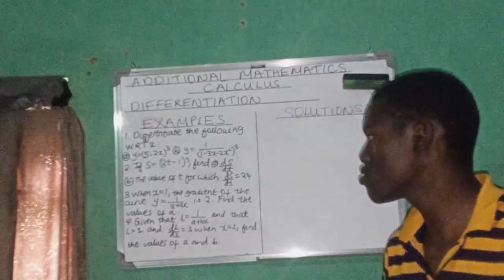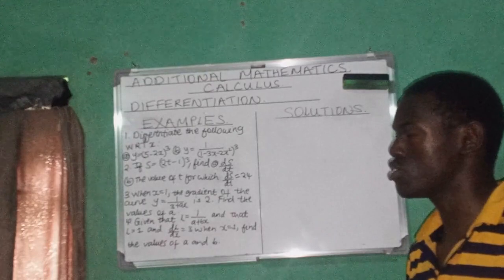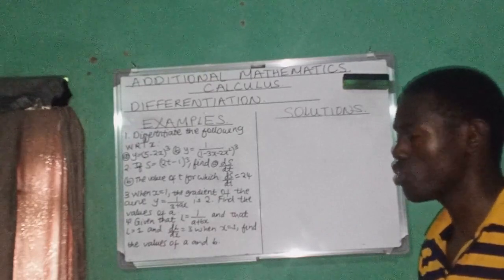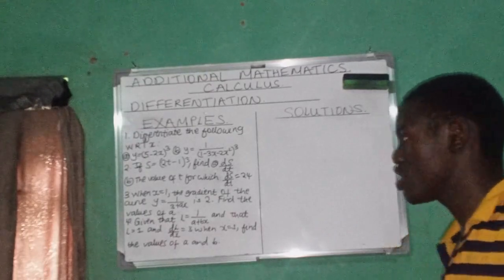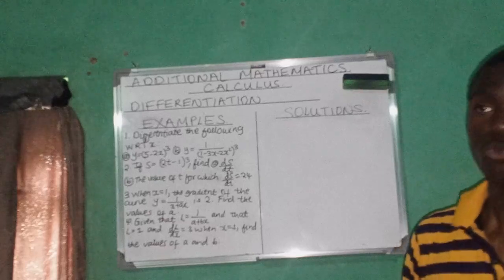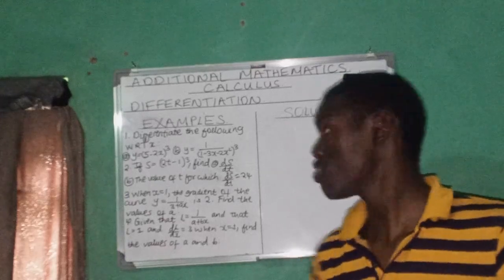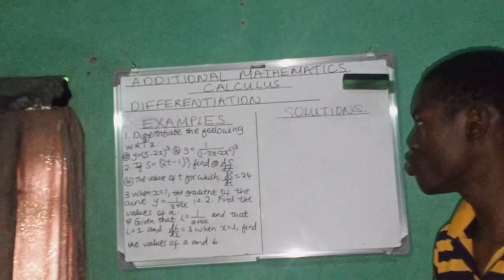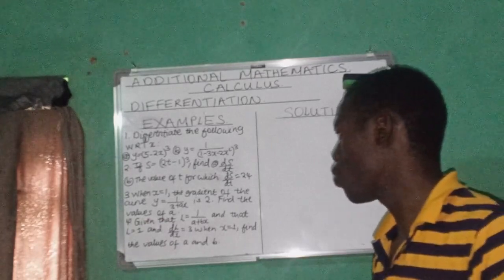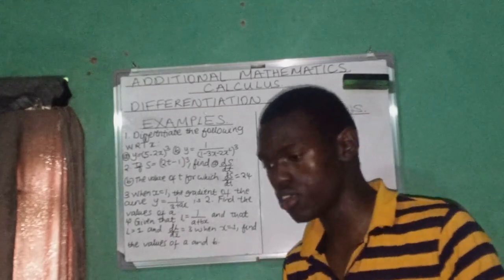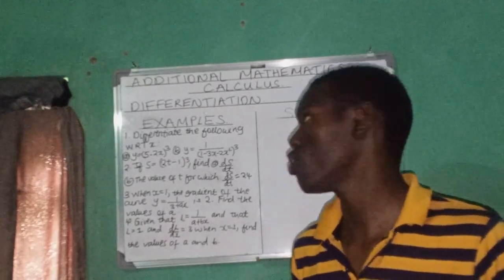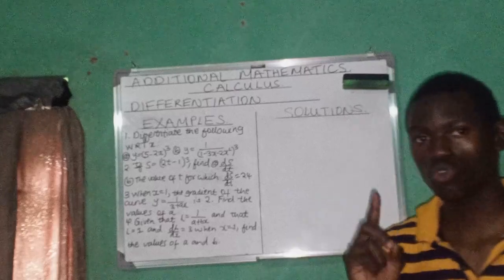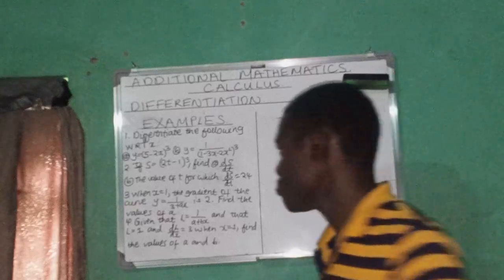So on question 1, we are going to use the chain rule, dy/dx is equal to dy/du multiplied by du/dx. And for question 2, we are going to use the formula that I showed you. In this video, I'm only going to do question number 1.